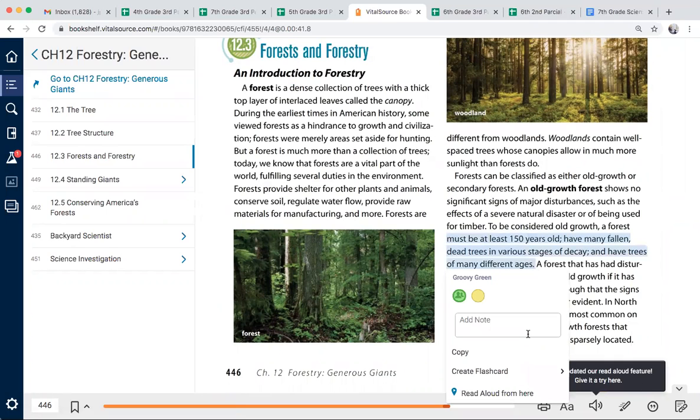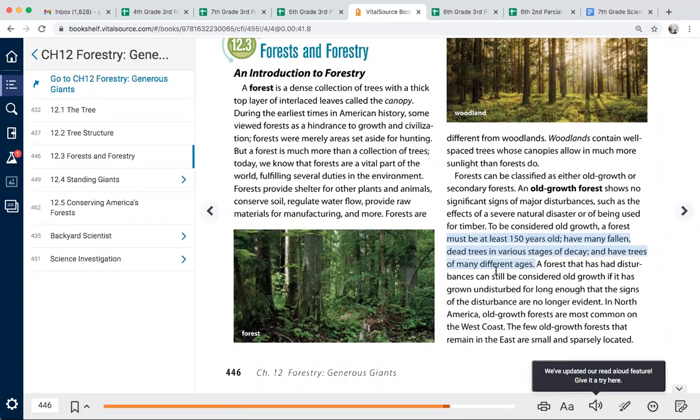All right, so we have it right here, which is, it must be at least 150 years old, have many fallen dead trees in various stages of decay, and have trees of many different ages, all right? Yes, so let's put that here.